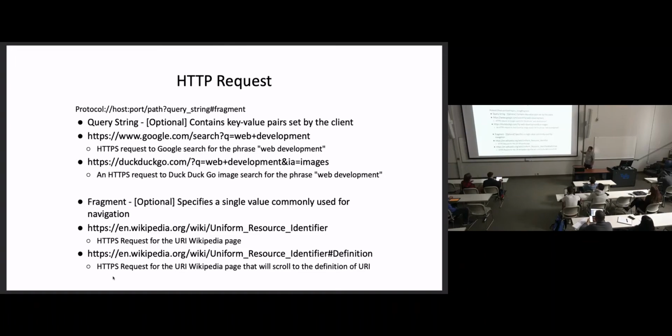Query string and fragment, these are both optional. These are going to give us more control over what's being requested. The query string is going to add more parameters and key value pairs to specify what the user wants. For example, if you want to search DuckDuckGo for web development and you want to do an image search, this is what the query is going to be.